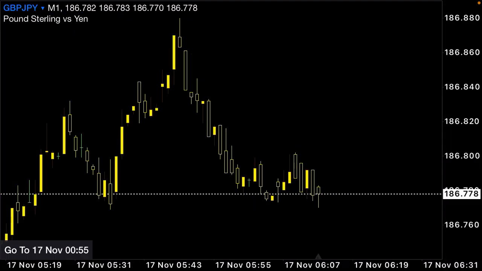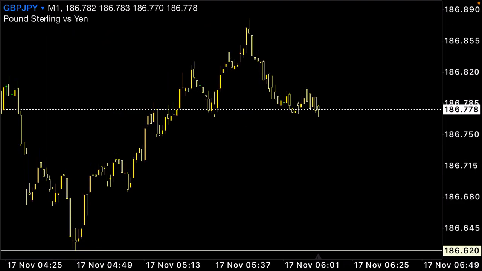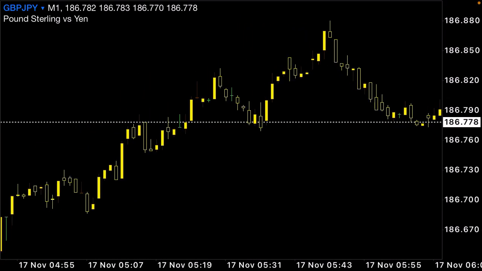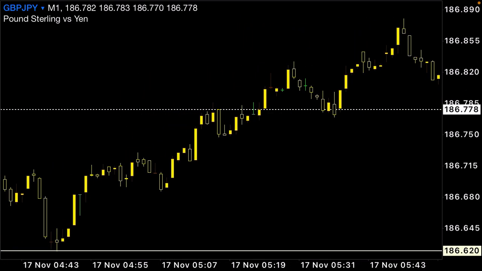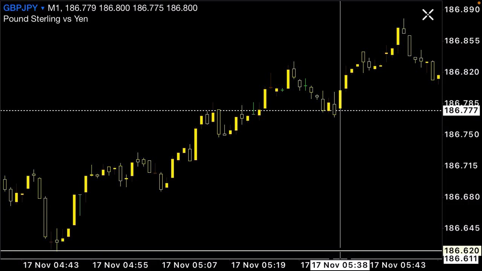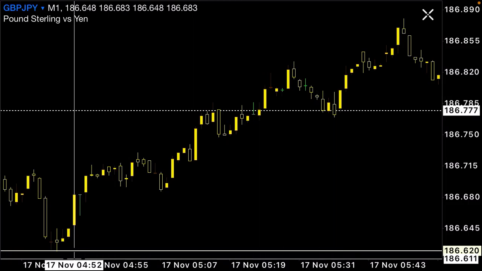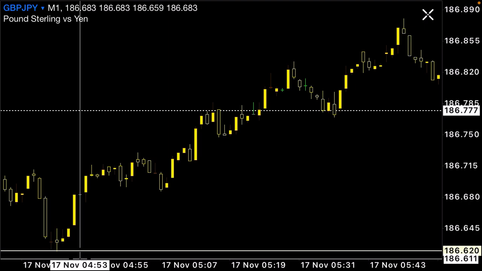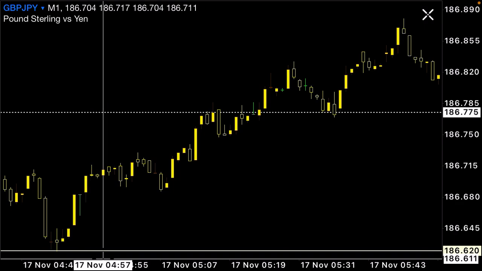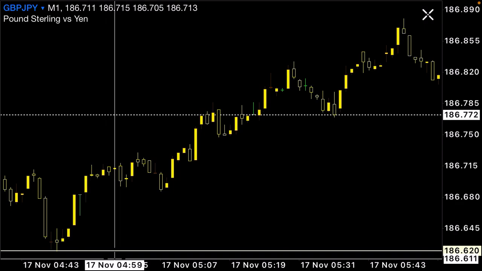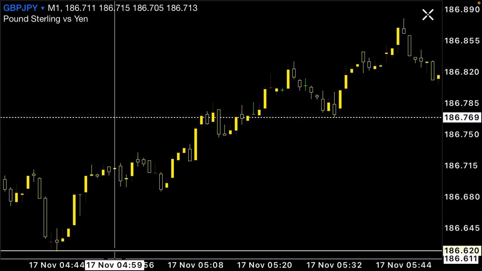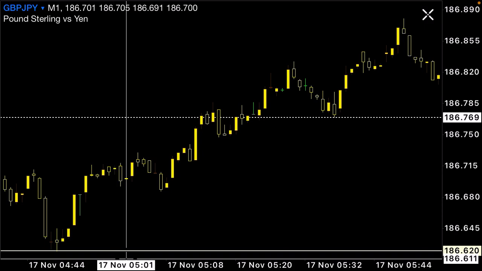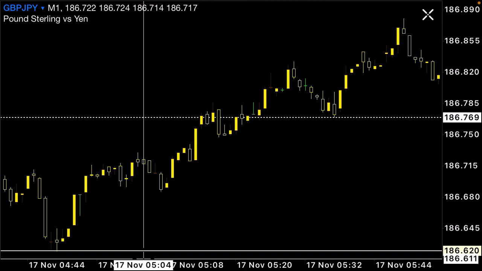So 5 times 13. See that? 5 times 13 all the way to the bottom here. So each one of these, that's 1, 2, 3, 4, 5, 1 candle. 1, 2, 3, 4, 5, another 5-minute candle. 1, 2, 3, 4, 5, that's 3 5-minute candles.